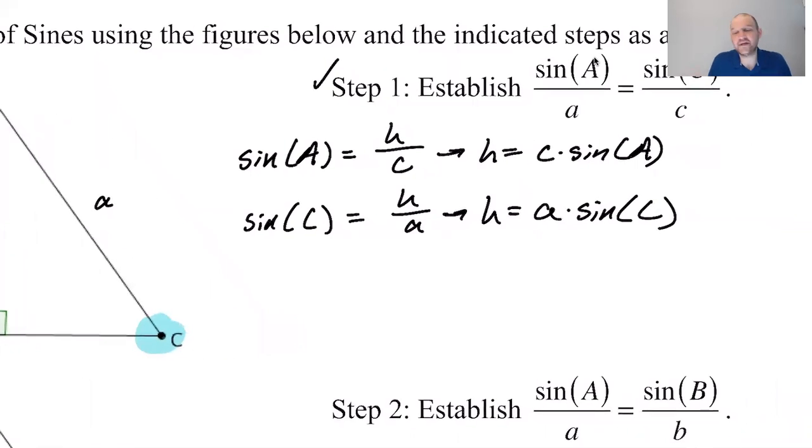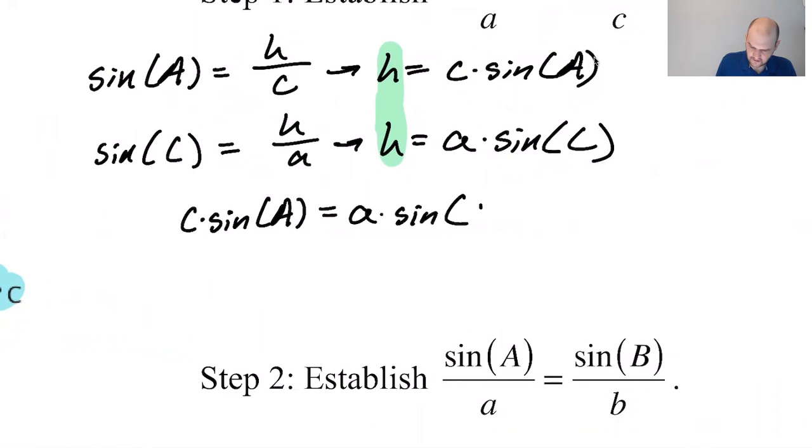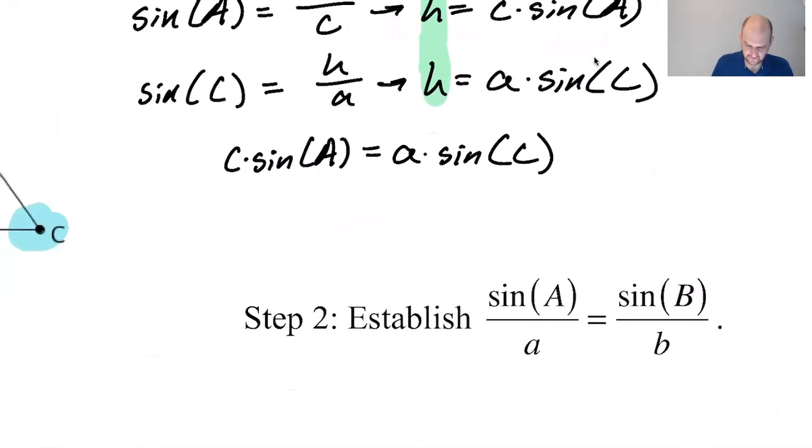Okay, so now I don't really need the triangle. I have two things that are equal to H. So they're both equal to H, which means they must be equal to each other. So we'll say that C times sine of A is A times sine of C. And then what I can do is divide both sides by A times C, if you want to think of it that way.